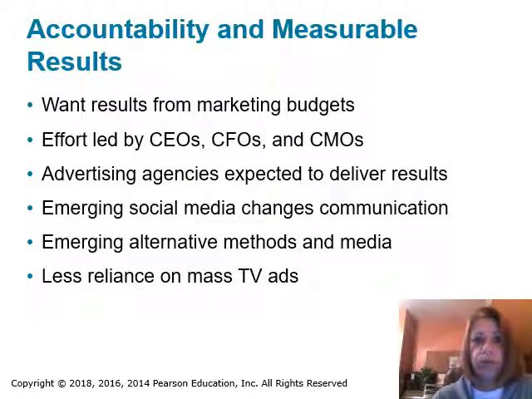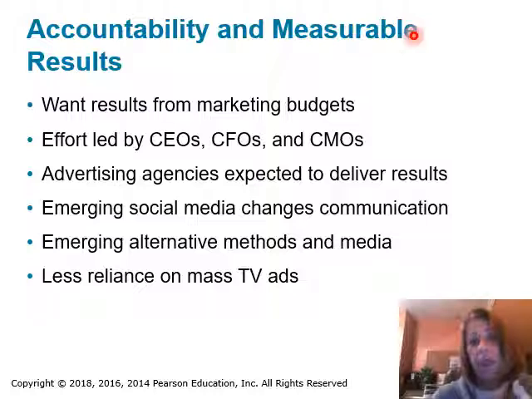Accountability and measurable results. Companies want ad agencies and marketing officers to be accountable for their expenditures. So CEOs, CFOs, and CMOs want measurable results. You need to prove to them that something has worked. Show us the proof that a $50 million ad campaign is working, and it will translate into sales.